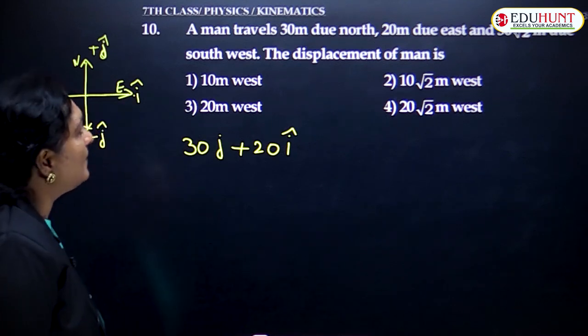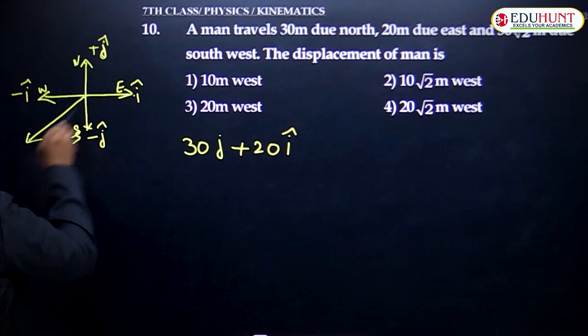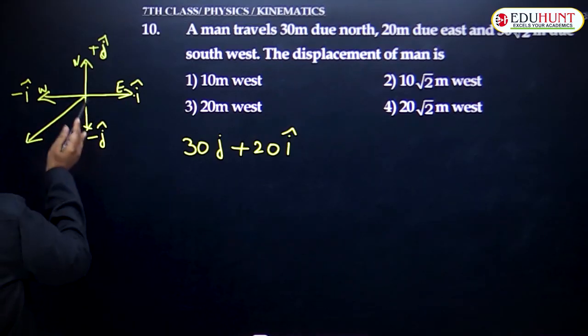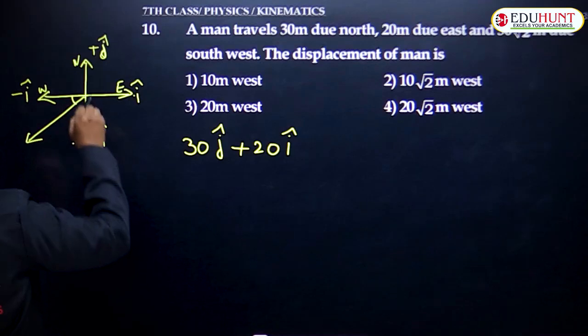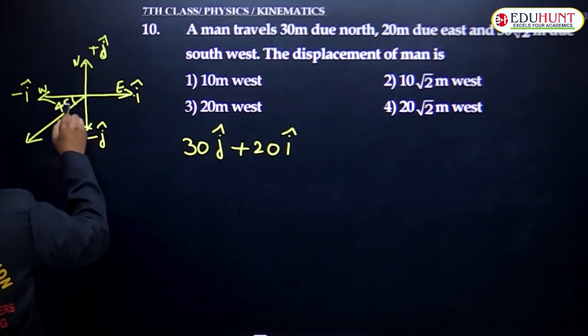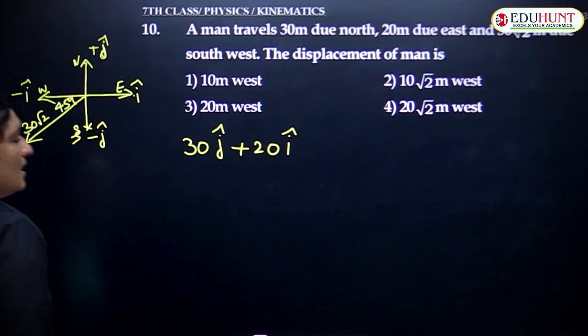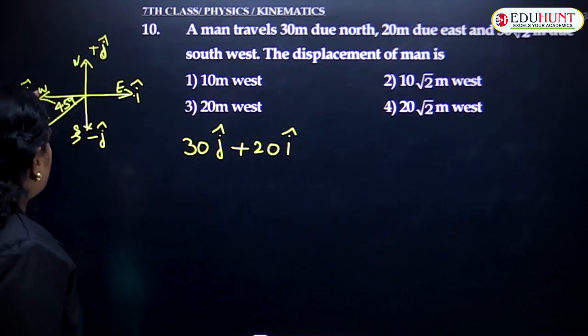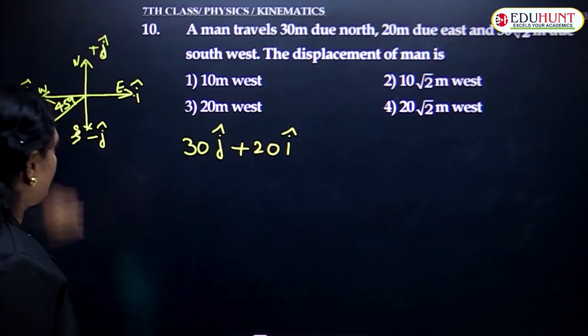And 30 root 2 meters due southwest. Southwest means somehow in this direction, not exactly south nor west, it is in between that. So maybe you can consider 45 degrees. So 30 root 2 heading southwest. Southwest means 45 degrees.